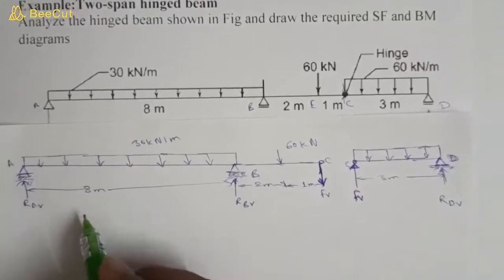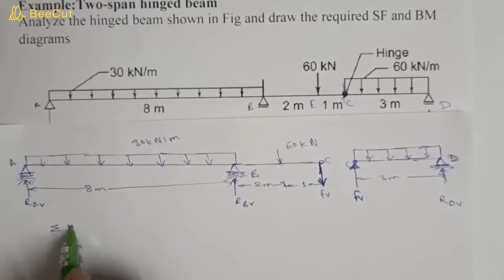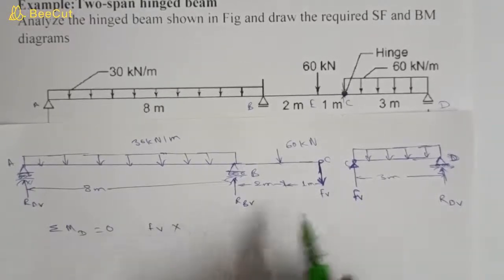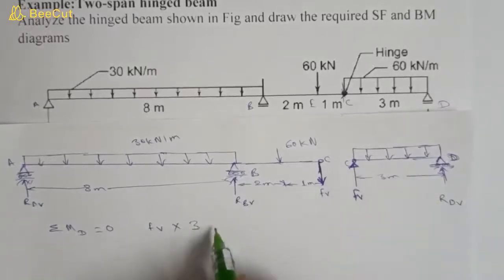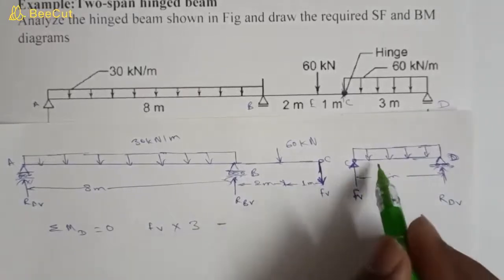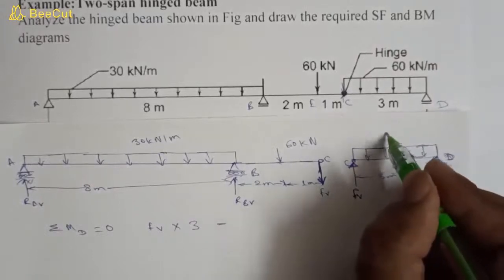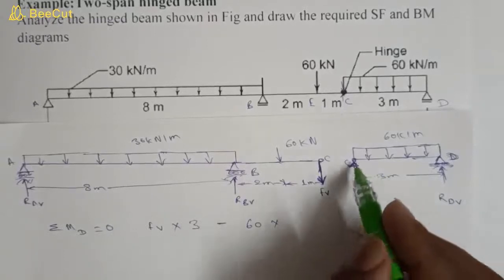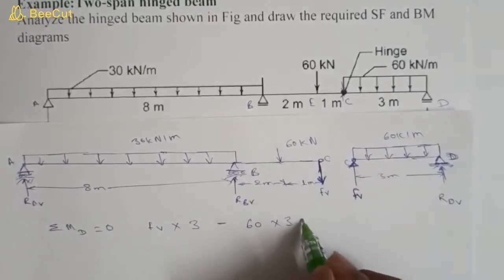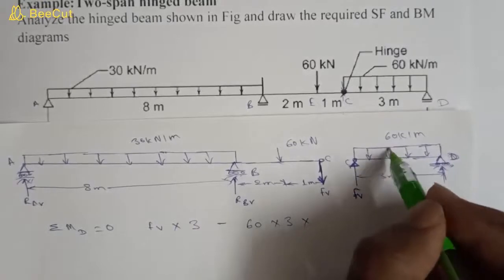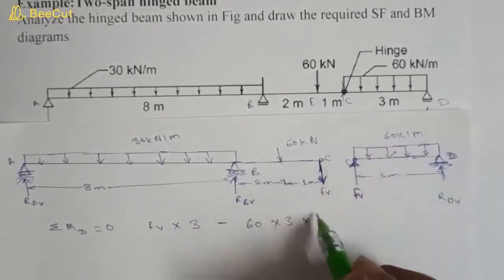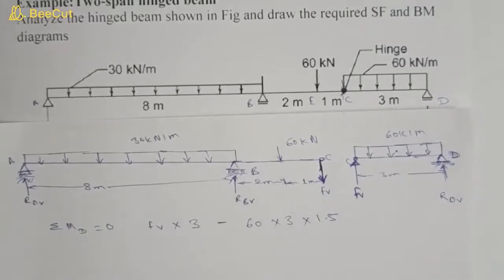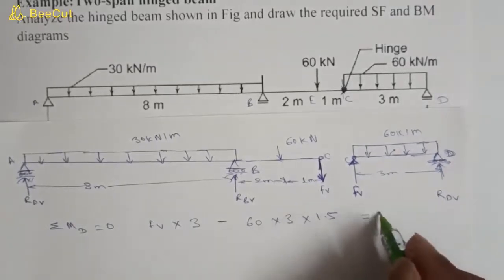You can see that the bending moment about point D is equal to 0. So Fv into this distance of 3 meter minus, due to this 60 kN per meter, 60 into the total length 3, into the distance of the centroid, which will be at the midpoint of 3, so 1.5, will become 0.